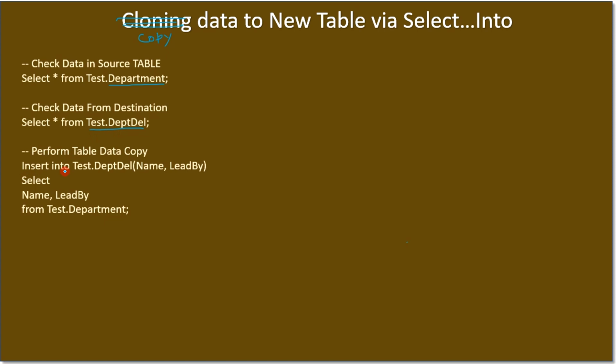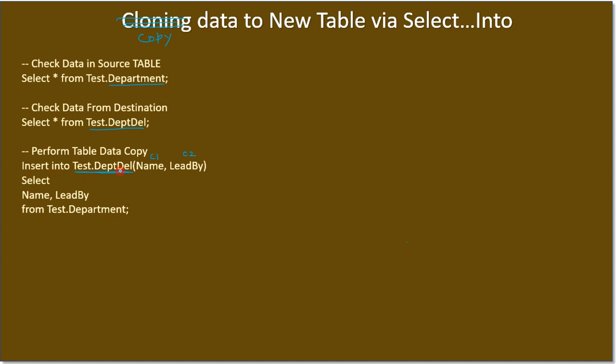So insert into test.dept del, that means this table already exists. Then we specify the column list: C1, first column is name, C2, second column is led by. That means we are going to copy only two columns from source department to department del.